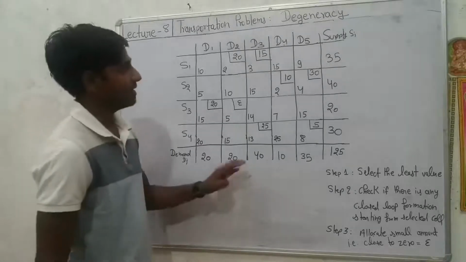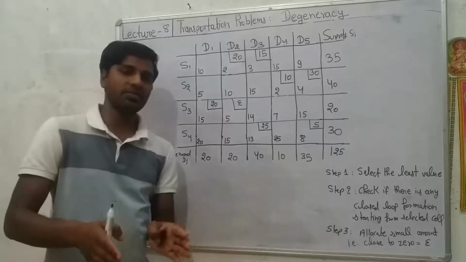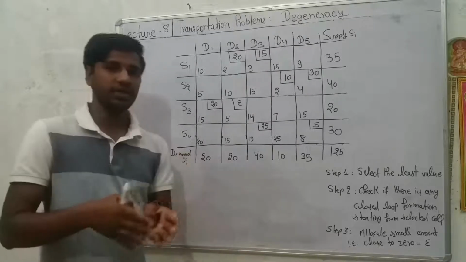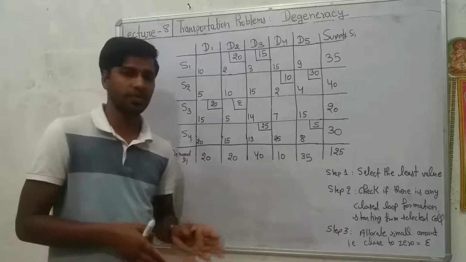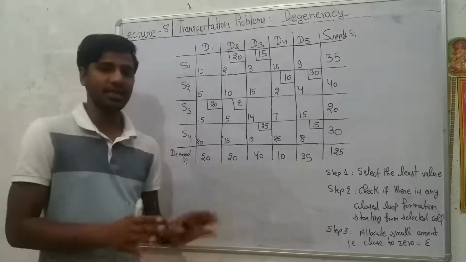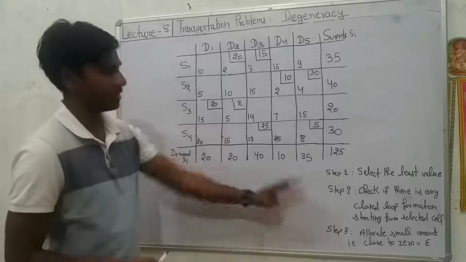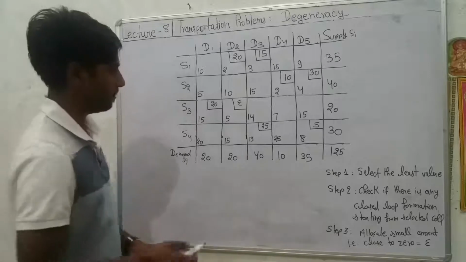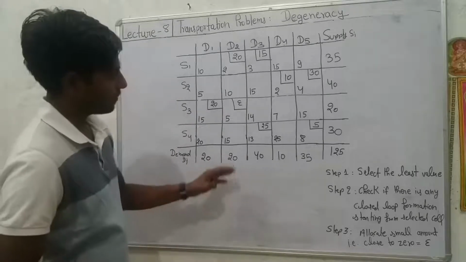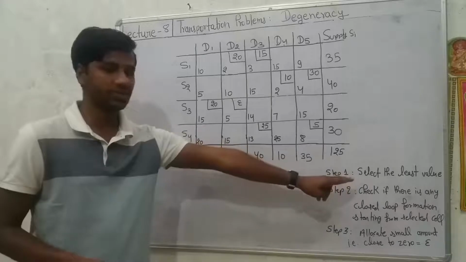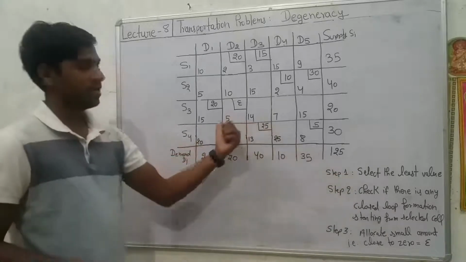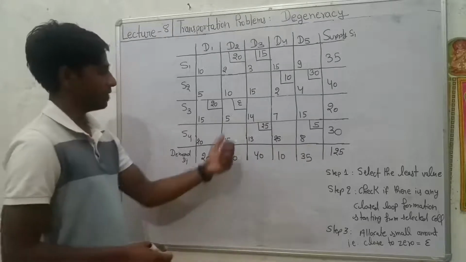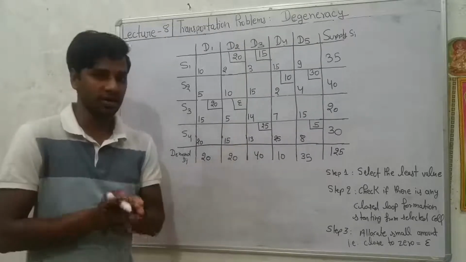So when you face a problem of degeneracy, at the time of calculating the initial feasible solution, or sometimes at the time of calculating the optimal solution of a transportation problem, you can face it at any stage. In that case, simply select the empty cell with the least cost of transportation, then check whether the selected cell is independent or not.